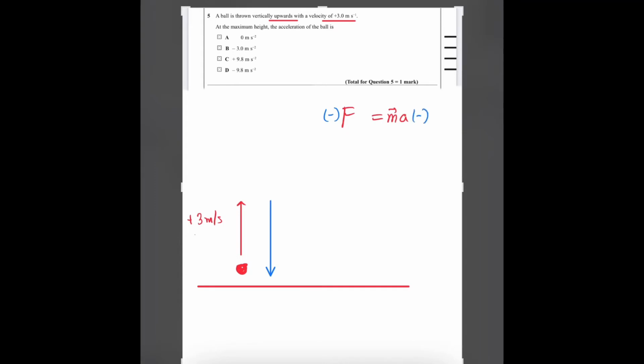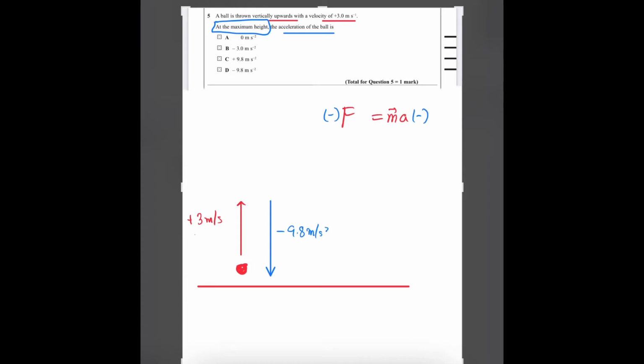So at maximum height the acceleration of the ball is, it doesn't matter where the ball is, always minus 9.8 meter per second squared. The velocity of the ball when it is going upwards is positive, and anything in the downward direction will be negative, right? So a negative direction is downward.